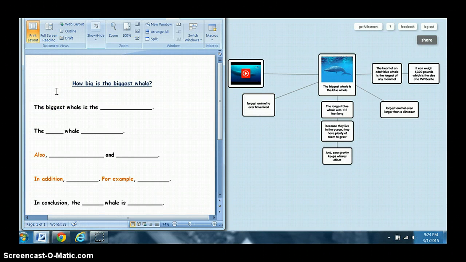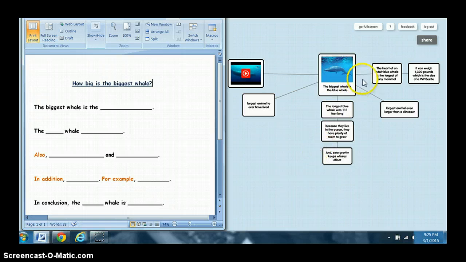Our focus was how big is the biggest whale, and I can say the biggest whale is the blue whale. The blue whale is the largest animal to ever have lived. Also, the longest blue whale was 111 feet long, and because they live in the ocean, they have plenty of room to grow. Also, zero gravity keeps whales afloat.